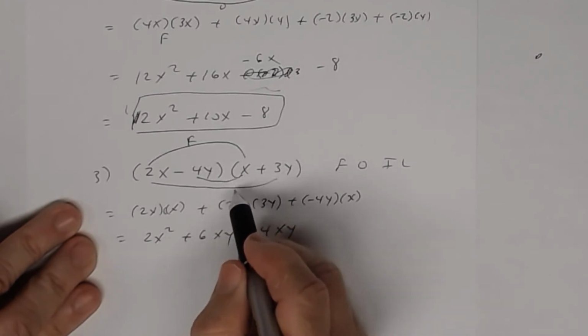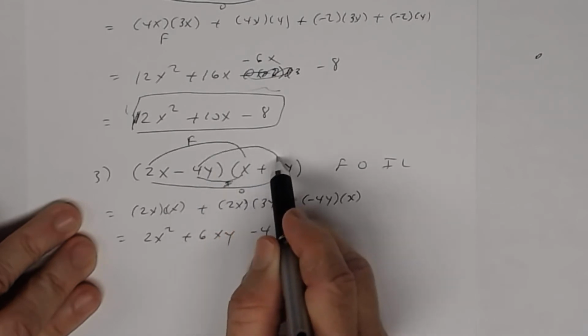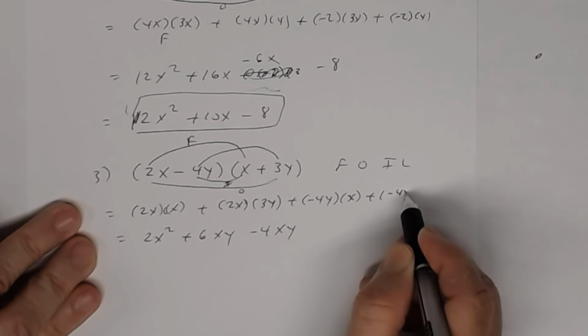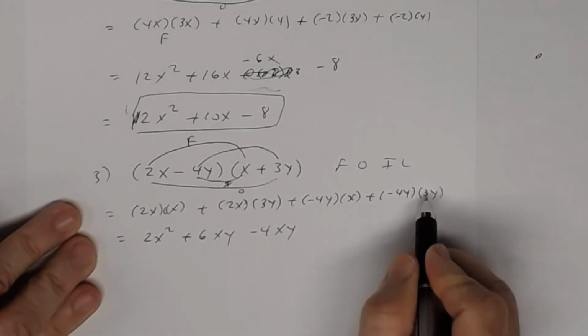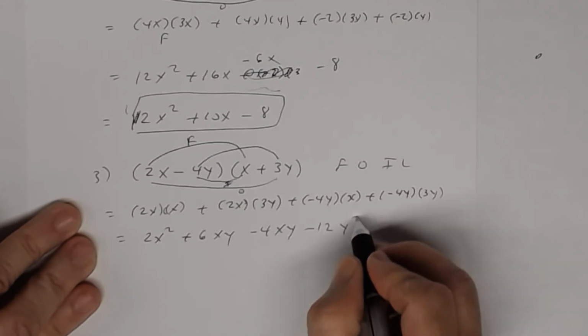And then the last terms of each binomial, a negative 4y times 3y. So negative 4 times 3 is a negative 12, and y times y is y squared.